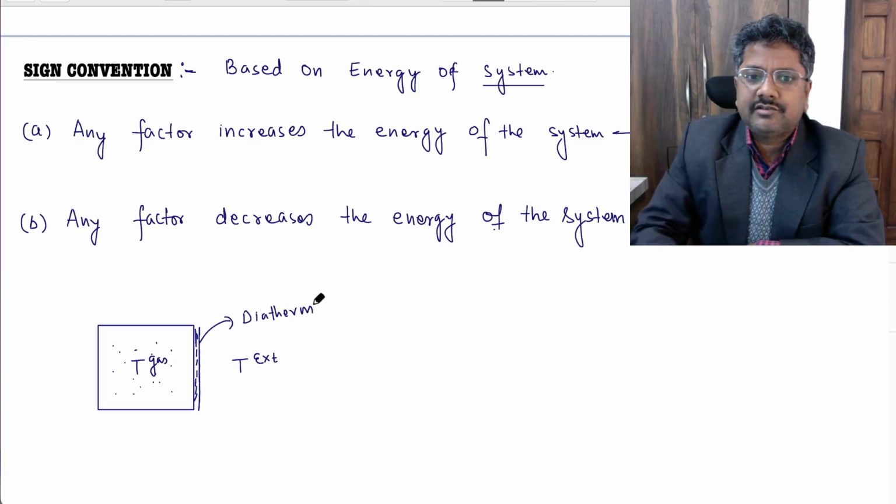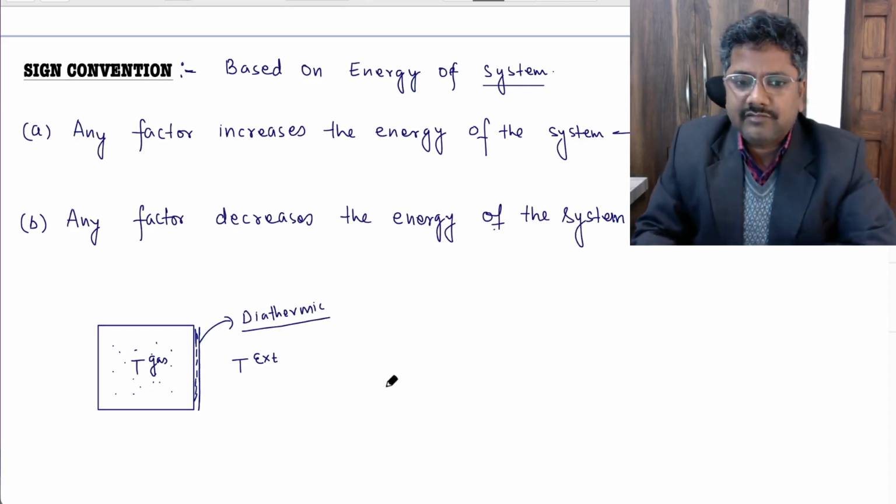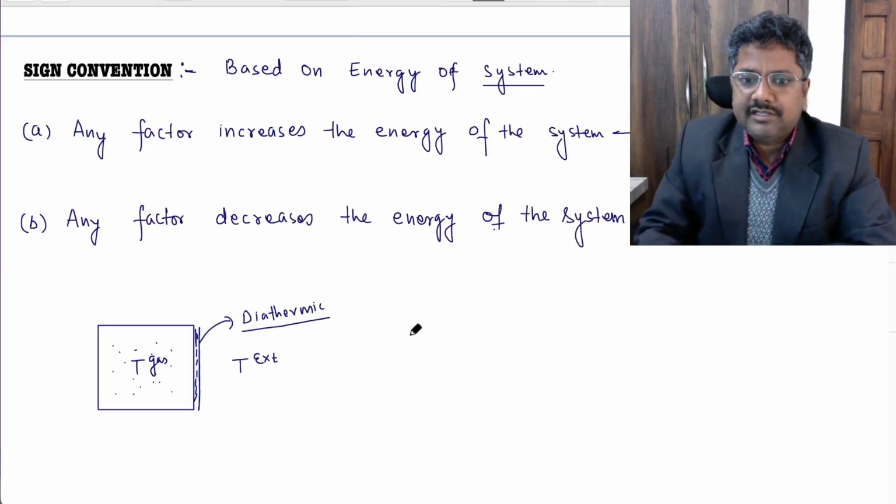Diathermic means which allows the flow of heat, right? Then what will happen if T gas is equal to T external?